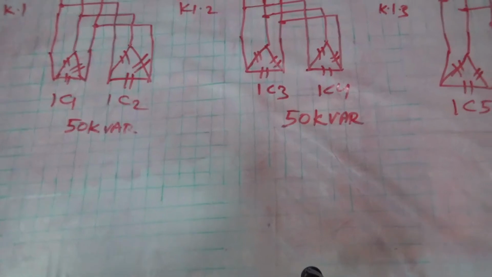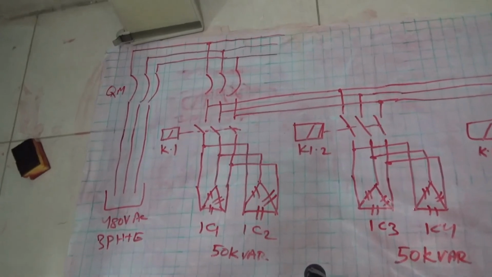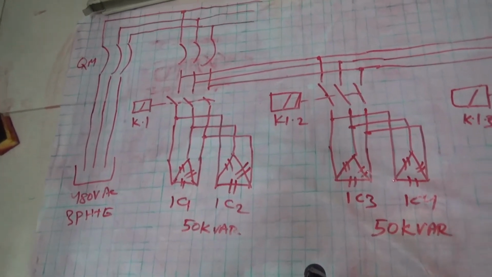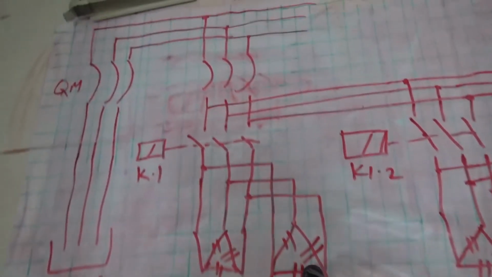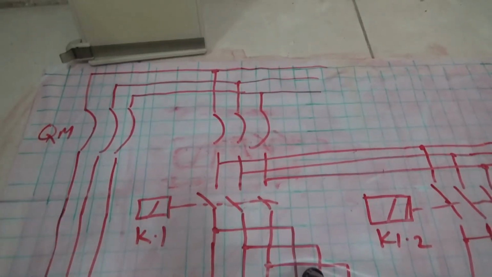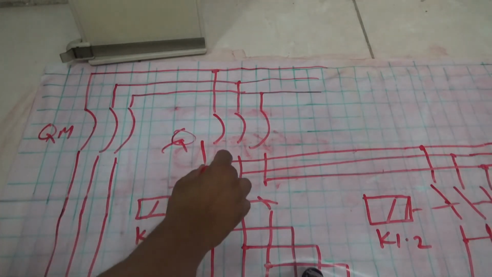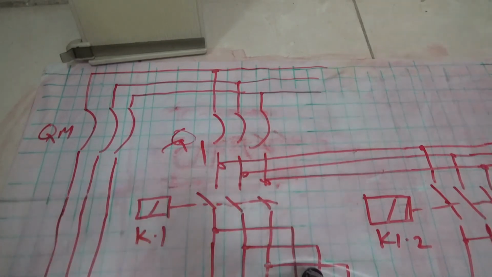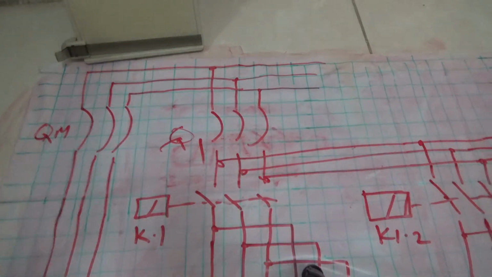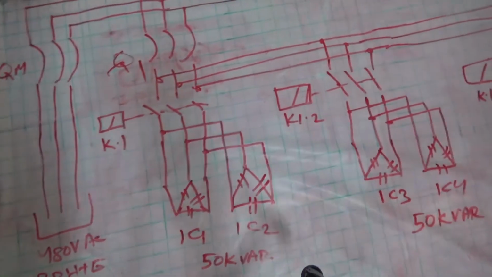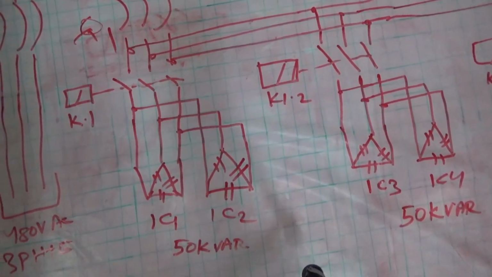This is the overview of the system. One incomer is feeding to one branch breaker called Q1. Then the top one is the bus bar, and this is K1, K1.1 actually.